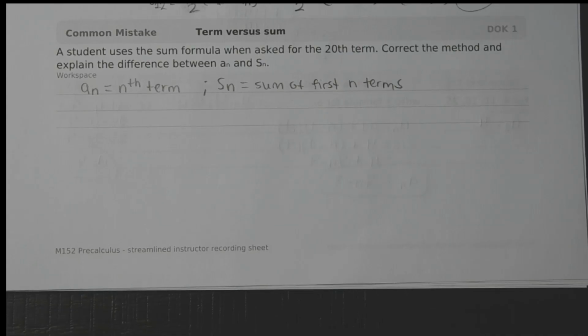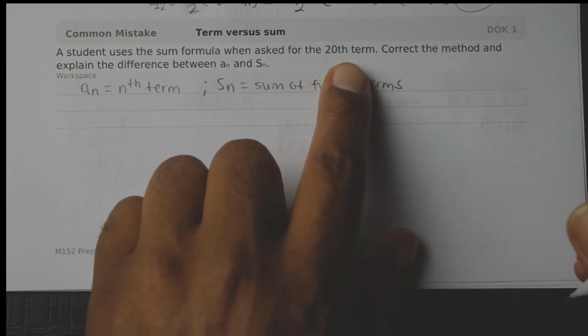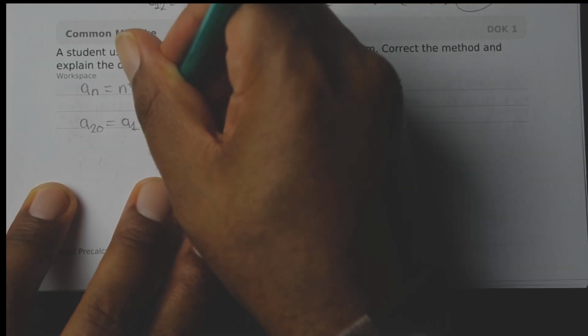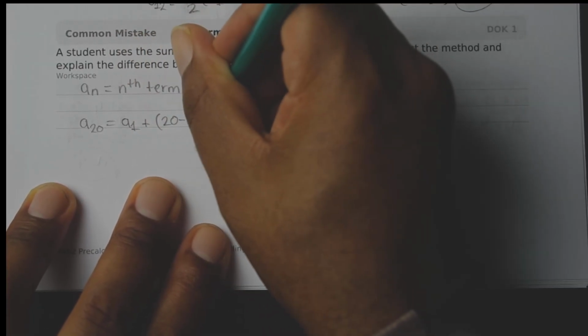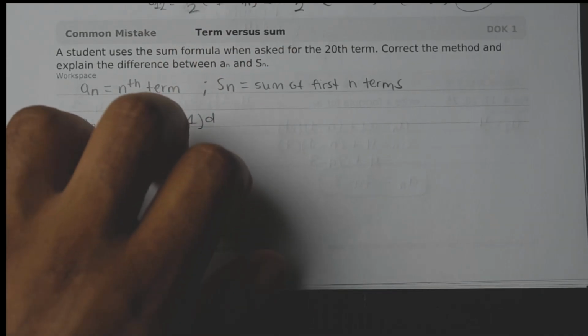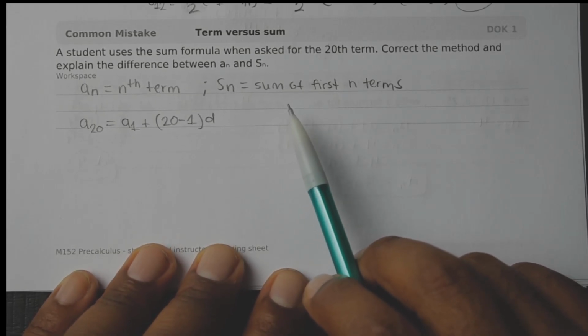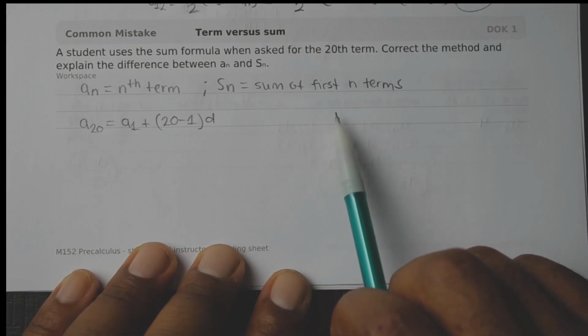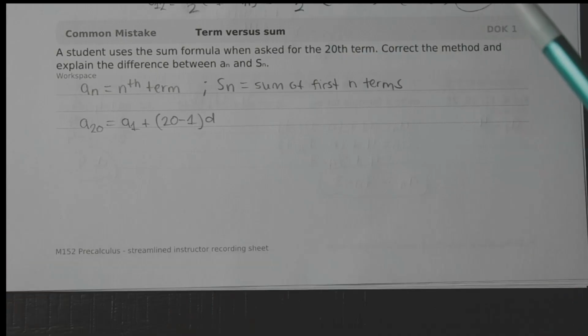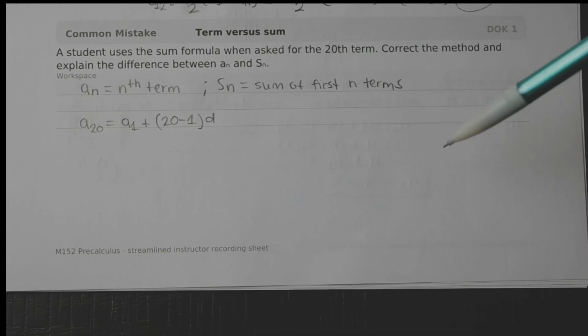So if the question asks for the 20th term, right? We would essentially use a sub 20 equals a sub 1 plus 20 minus 1 multiplied by d. Okay, but do not use s sub 20 equals 20 divided by 2 multiplied by a sub 1 plus a sub 20, unless the question asks for the total of the first 20 terms.